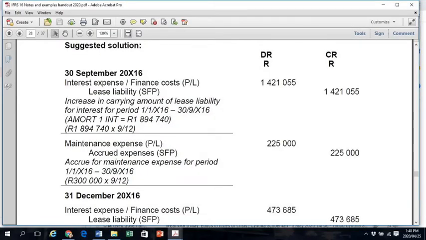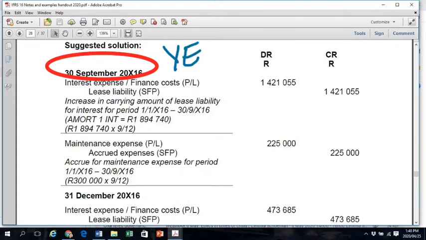When we look at the journal entries, you will see that we now have to write journal entries at year-end date as well. The first journal entry is for the accrued interest for 9 months. So you still use your amort 1 function, get the interest for the first payment, and then you apportion that for 9 months into the reporting period.